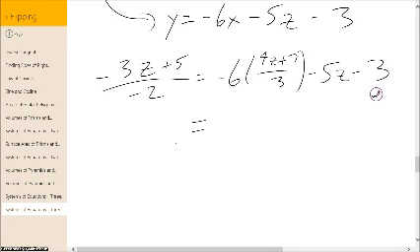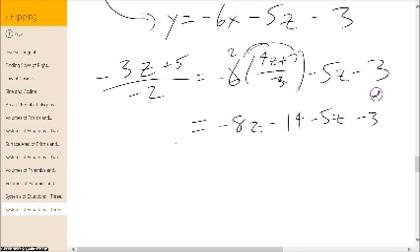I'm going to leave the left as it is, but I am going to distribute this negative 6 to everything in here. Okay, negative 6 divided by 3, that's really going to change it to negative 2. So that's going to go, that's going to go. It's actually going to be negative 2 times 4z plus 7. So I'd get negative 8z minus 14 minus 5z minus 3.